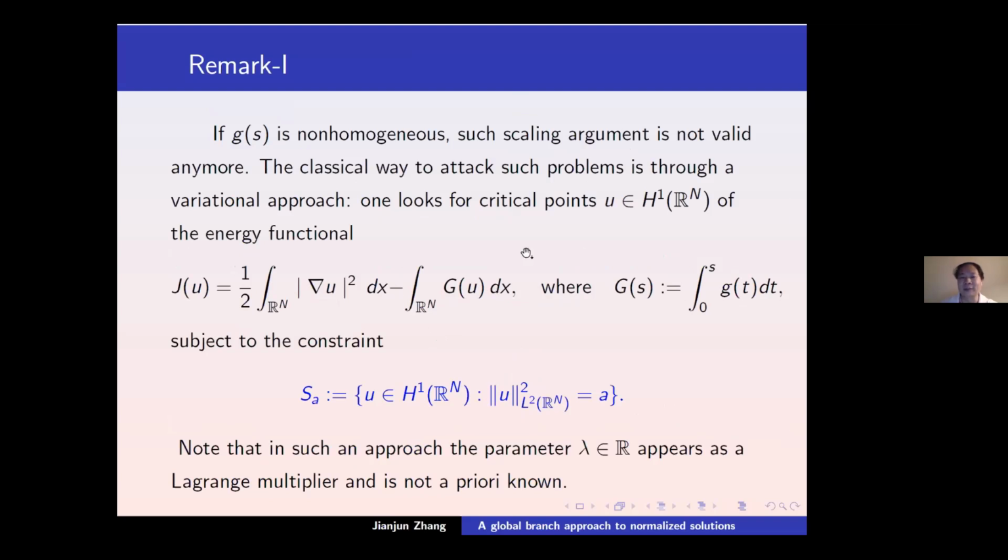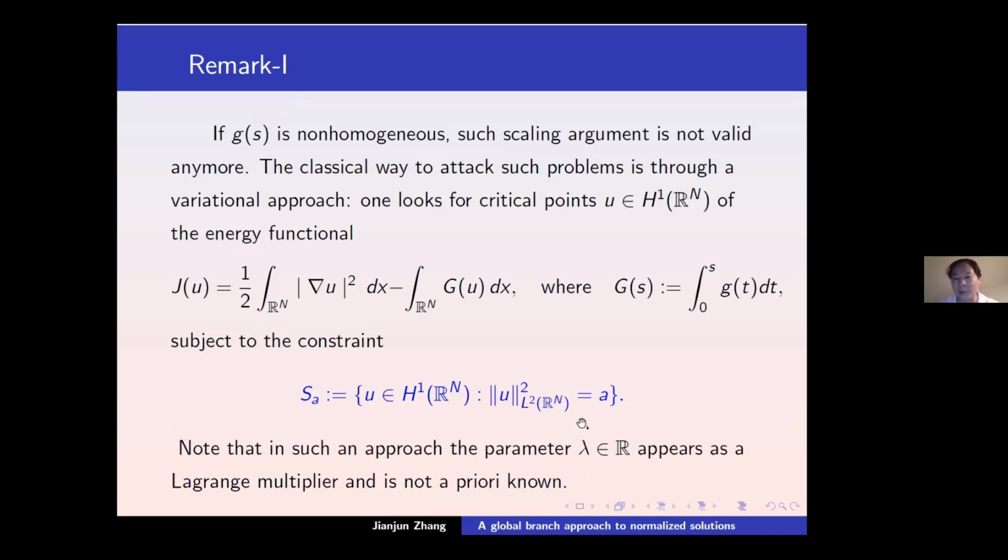So usually people consider the following constraint problem subject to the constraint sphere S of A. Okay. So usually people choose the minimizer of G of U over this sphere, and the minimizer can be achieved and satisfies some problem with one unknown parameter.